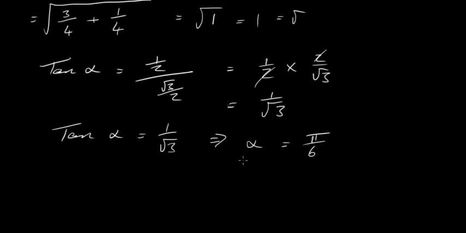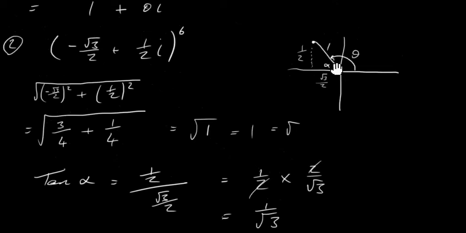So now I have alpha here as well, but I don't need alpha, I need theta. Remember, pi over 6 is this part here. I actually need this part here. So the way I'd work that out is, I'm just going to subtract. I know that this is pi here, so I would say pi minus pi over 6.